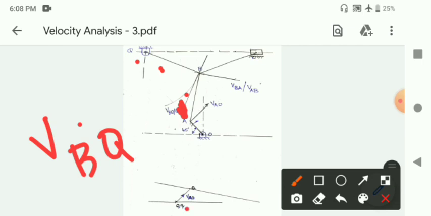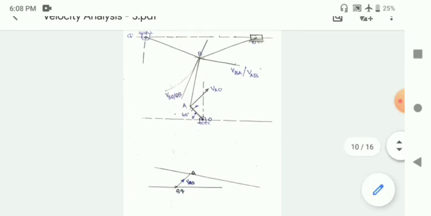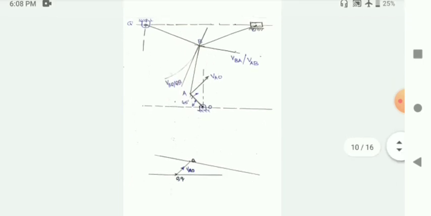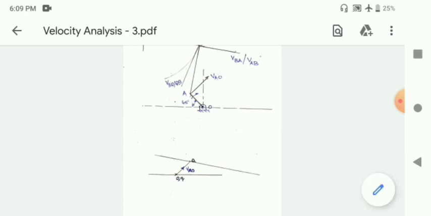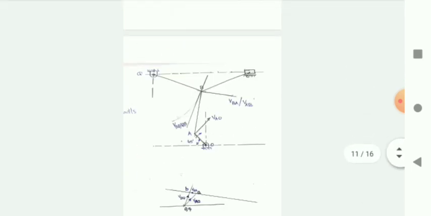From Q, you draw a line parallel to this line. It will be something like this. You can extend that line beyond Q also. That is what I have drawn here.